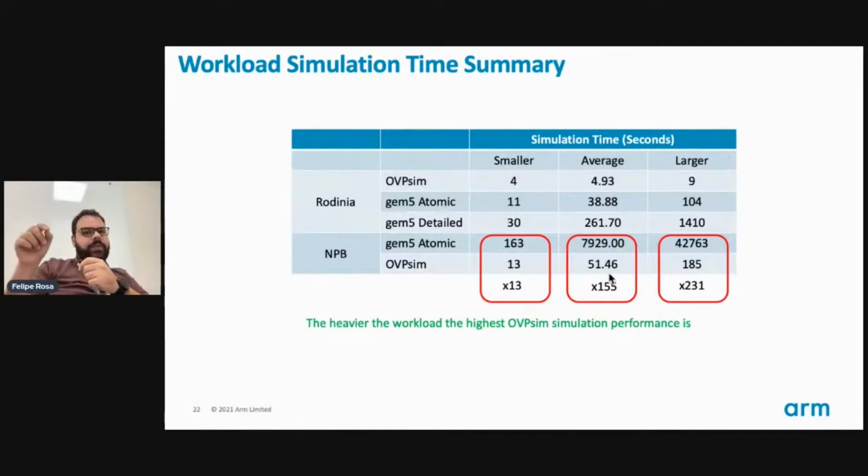You can use a hash table. So the more instructions you decode, the faster you go. After some time on OVP, you reach your perfect simulation point at which you are 200 times faster than Gem5 atomic. It could be thousands and thousands of times faster than Gem5 detailed.